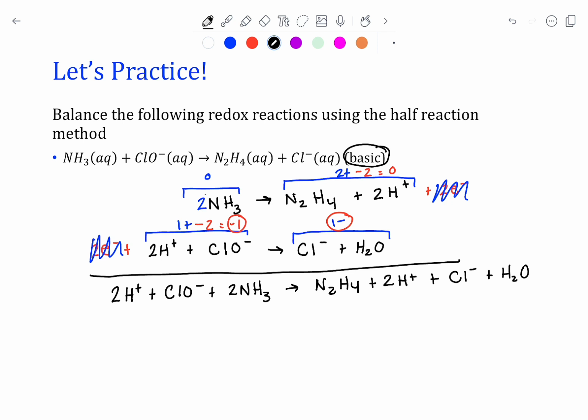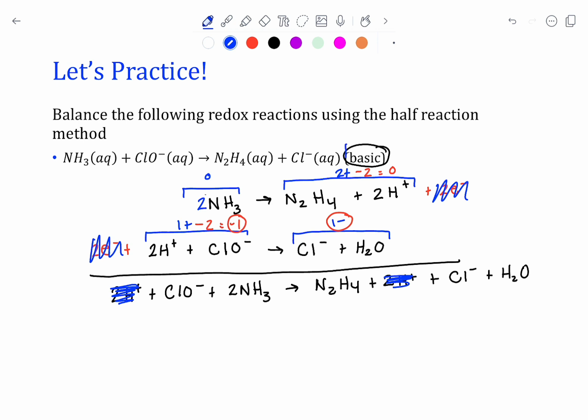Now that we have this, we want to simplify both sides and make sure that if anything is the same on both sides, they get canceled. So we actually have two hydrogens that are going to cancel out on both sides, and I think that's it for what we'll cancel. Okay, so we've canceled things.